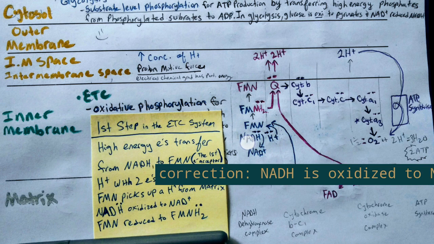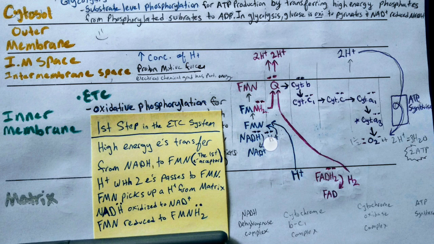So when NADH gets reduced to NAD+, we have an H or hydrogen with 2 electrons that passes to the FMN. So it's unbalanced, so it needs another hydrogen to make it balanced. So FMN picks up a hydrogen from the matrix.